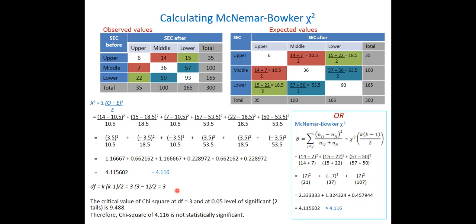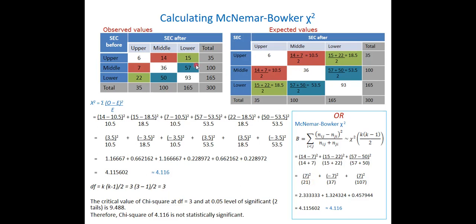If you look at the alternative way of calculating, just like what I did, all you need to do is take the difference between the discordant cells, square it, over the addition of the discordant cells. For each of them, you can do it. Look at it here. The difference between 7 and 14 is 7. 7 squared over 14 plus 7, which is 21.